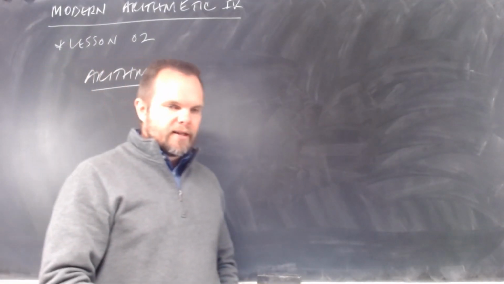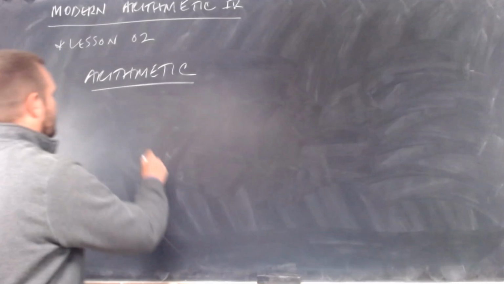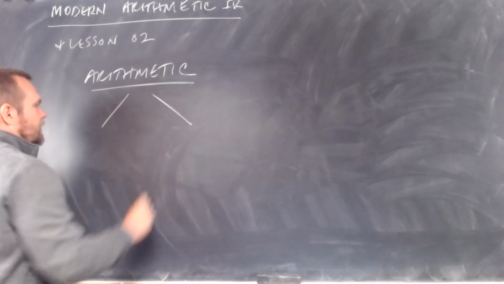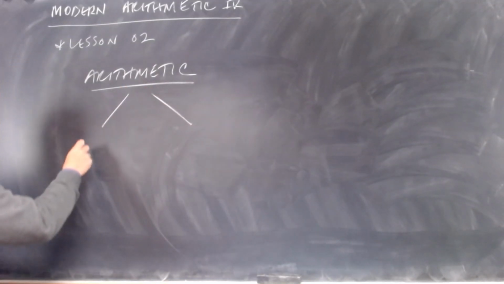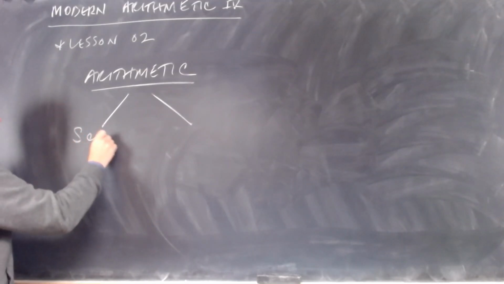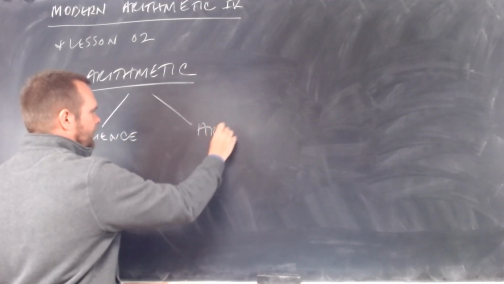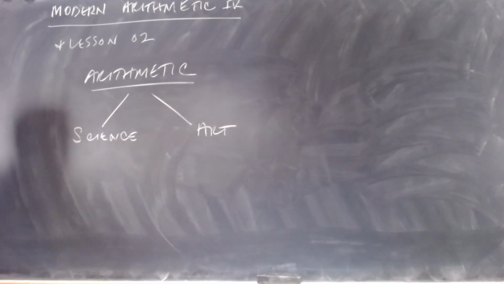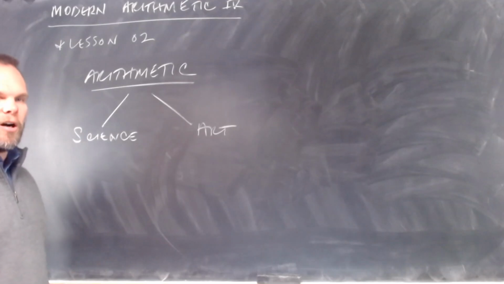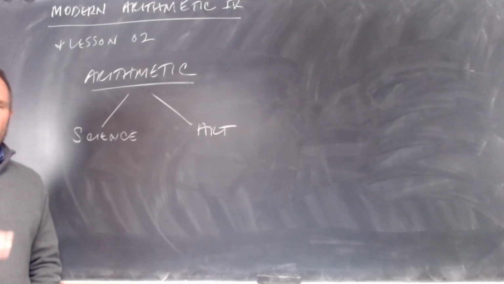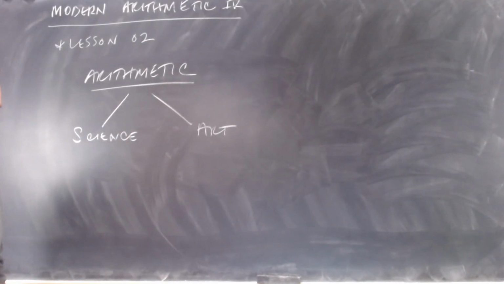Okay, and then we're told that we can look at arithmetic from two different perspectives. We can look at arithmetic as a science, or we can look at arithmetic as an art. And I want you to pay attention to the difference between science and art. You'll hear the phrase arts and sciences all the time. I want you to see what the difference between an art and a science actually is.